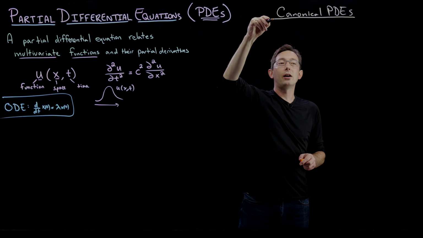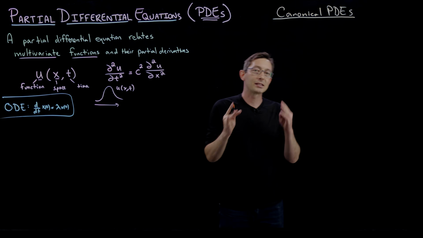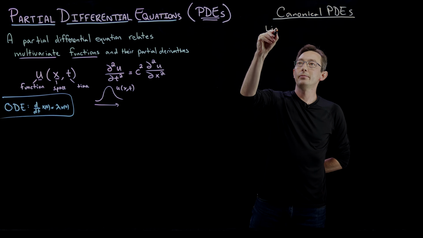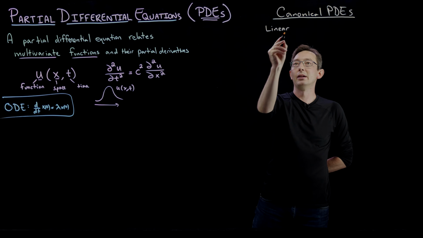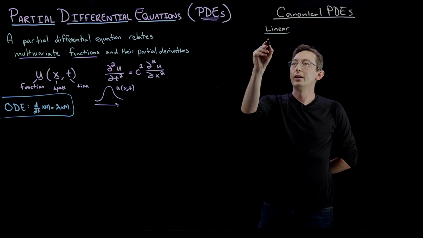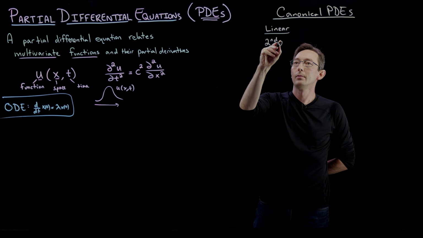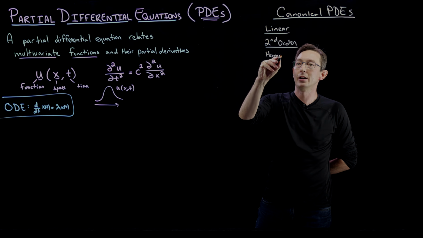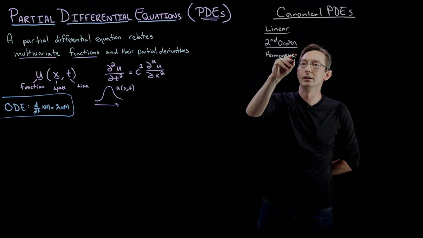All of these canonical PDEs that I'm going to describe have some common properties. They are going to be linear, and I'm going to define what I mean in a minute. They're linear, they are second order, and they are what is known as homogeneous.